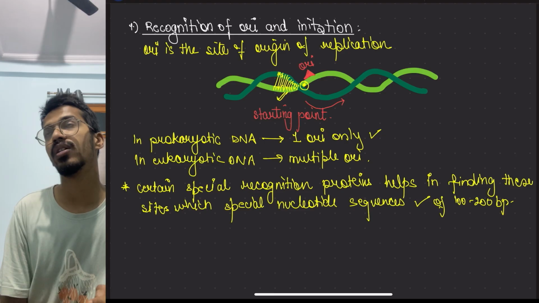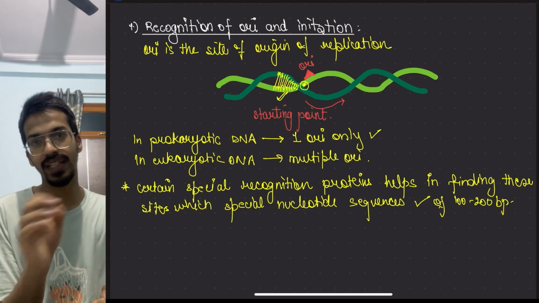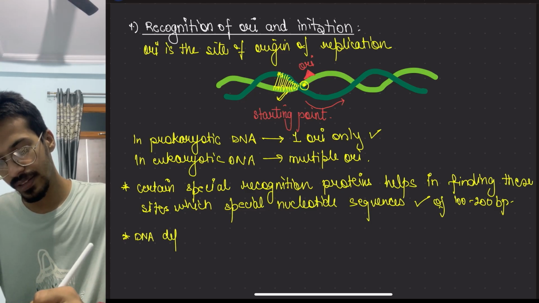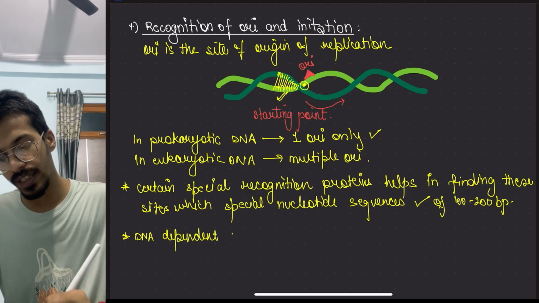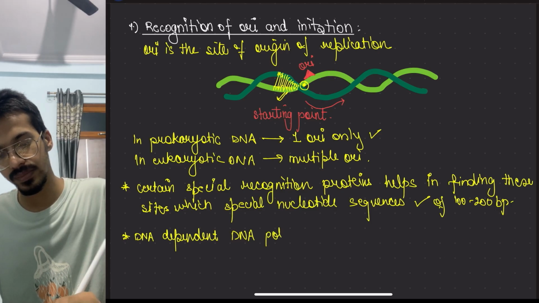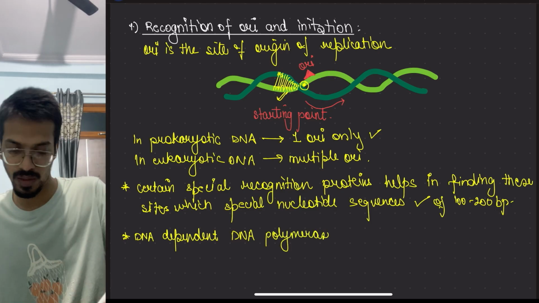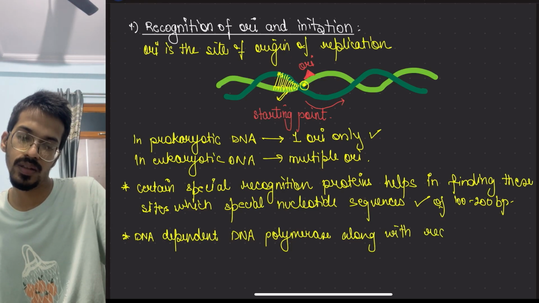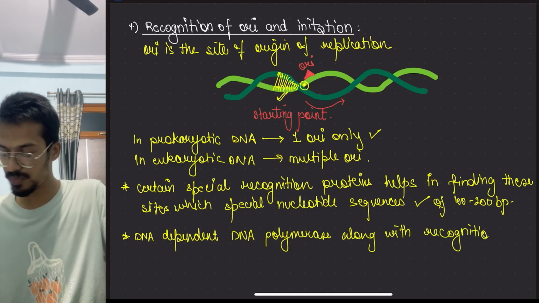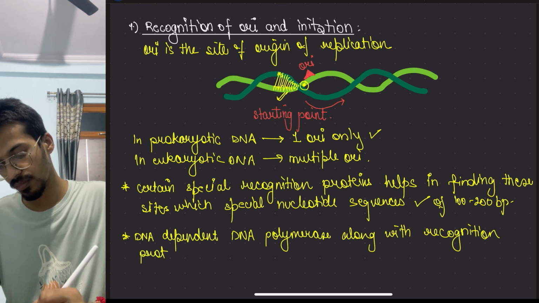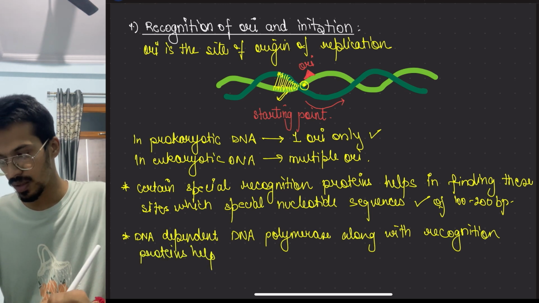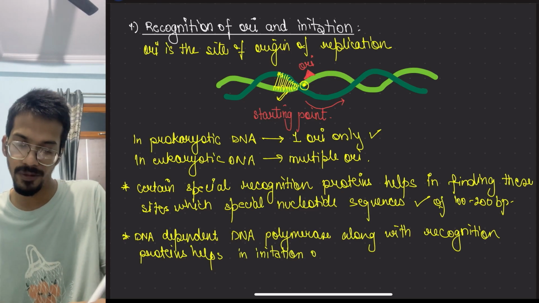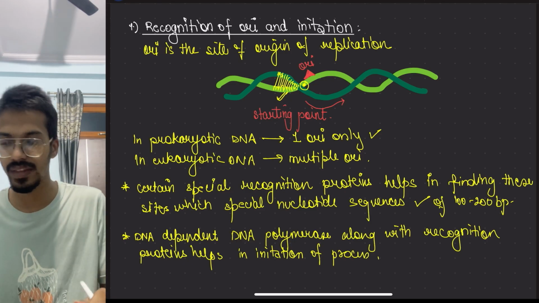DNA dependent DNA polymerase along with recognition proteins helps in this process. So DNA dependent DNA polymerase along with recognition proteins helps in initiation of the process. That's it.